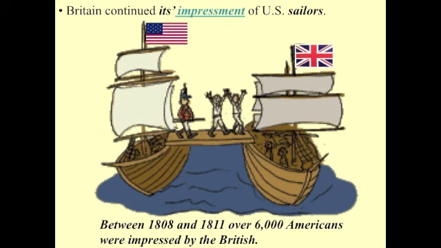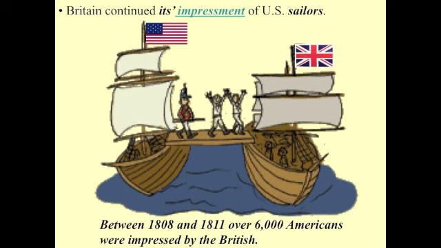Impressment is the act of forcing people into military service. So the British ships would stop the American ships at sea. They would remove the men, which of course included American citizens, and then they would force these men to serve in the British Navy.